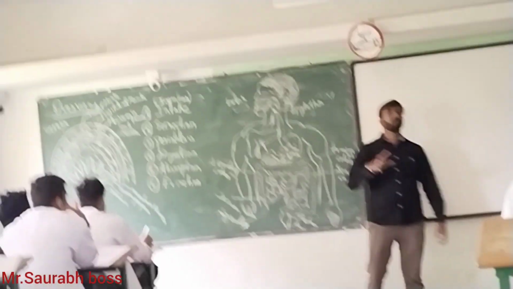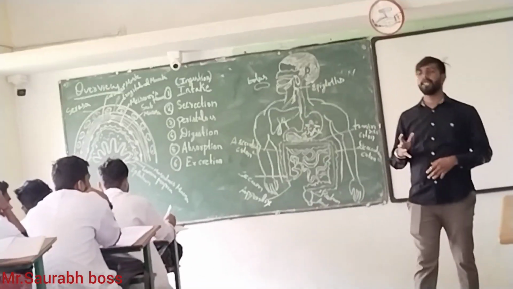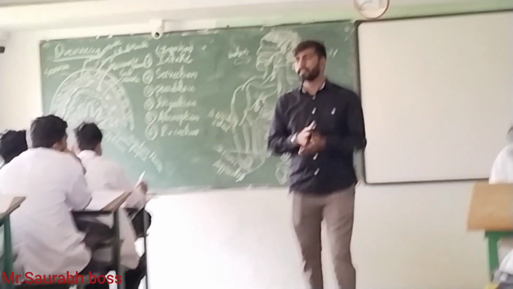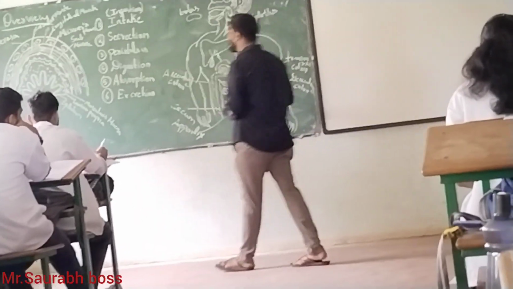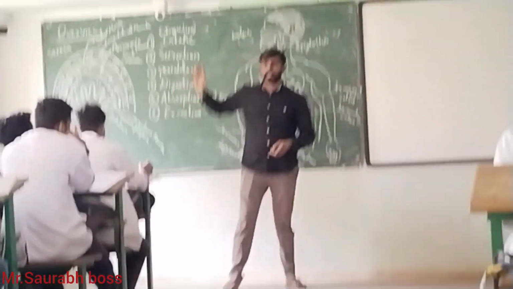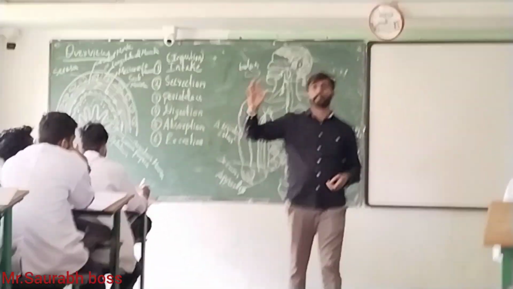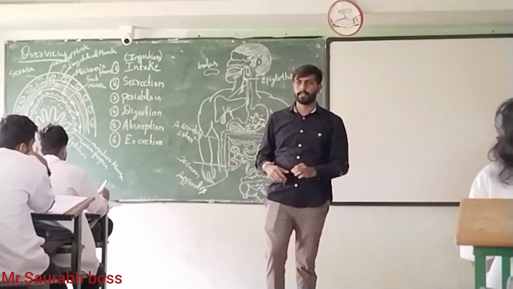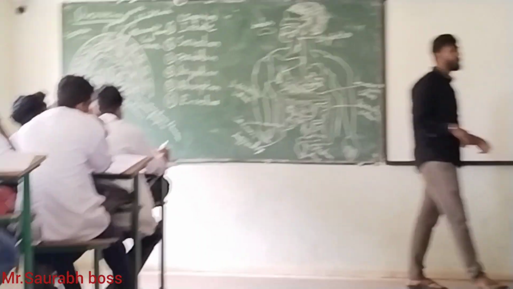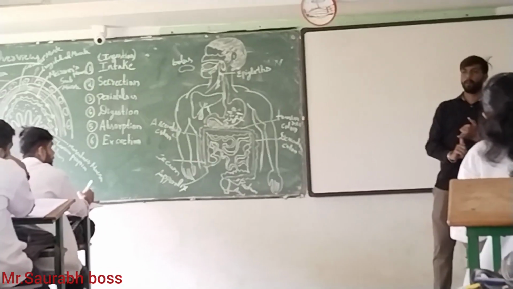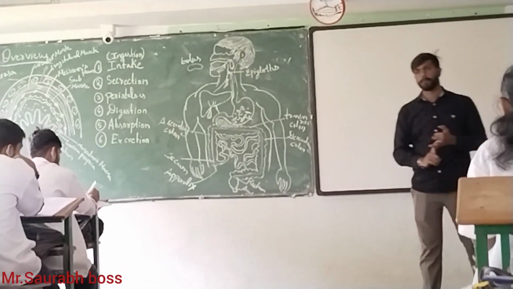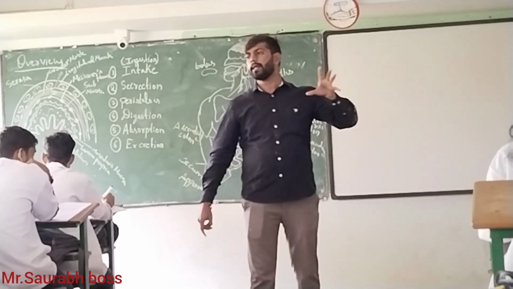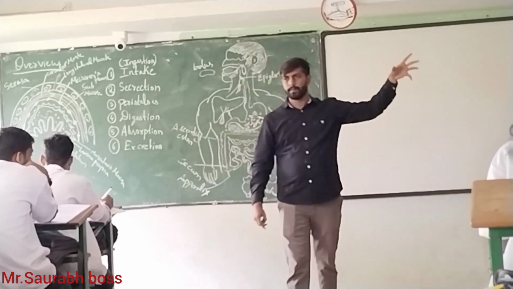The body only takes the carbohydrates, proteins, fats. Just remember, the digestive system is the process of converting larger molecules into smaller molecules. Larger molecules, the macromolecules, are carbohydrates, proteins, lipids, nucleic acids. They are all larger molecules.